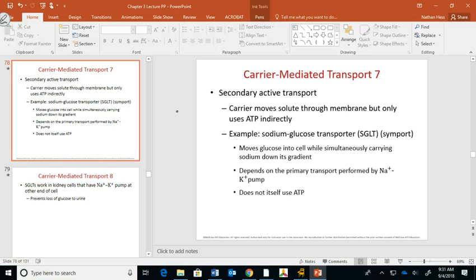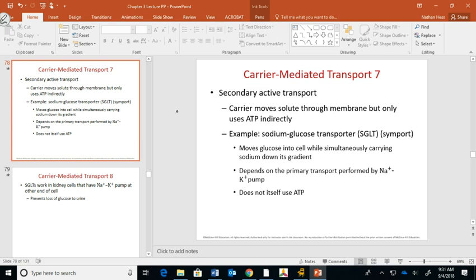And I say, yeah, all right, Zach, come on, you can come with us. So I'm not primarily taking Zach in, but because we're still friends, he can attach to me and just come along for the ride. Does that make sense? Nothing against my friend Zach, of course. But that's the point behind secondary active transport. It's not actually meant to move that molecule, it just comes along for the ride.